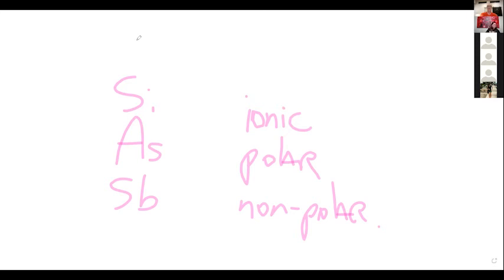So even covalent bonds can have some ionic character to them. If the difference in electronegativity is enough, those bonds can have ionic character. So really what we want to break down is the difference in electronegativity between them.